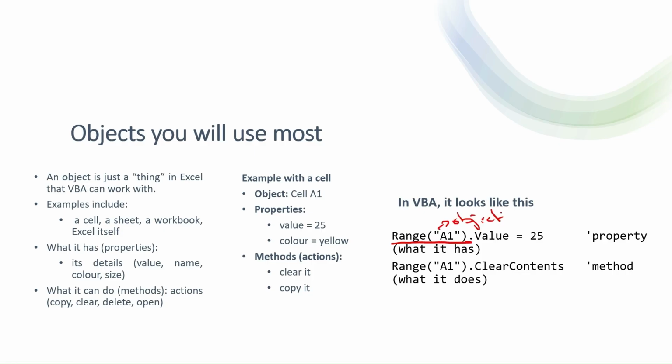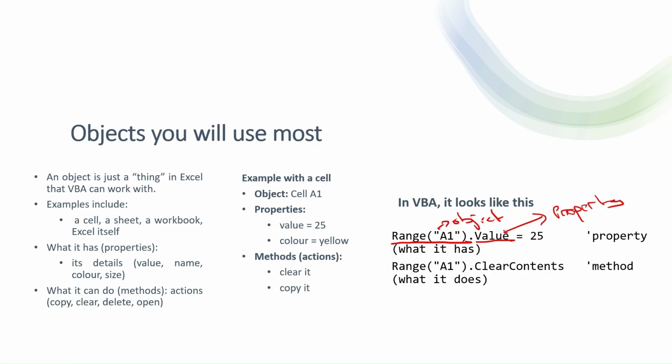The dot Value is the property. That is what is inside this object. So we are talking about the object on one side, then you have the dot and the property, the object and the properties assigned to it.